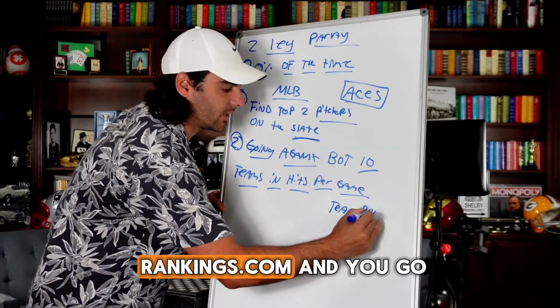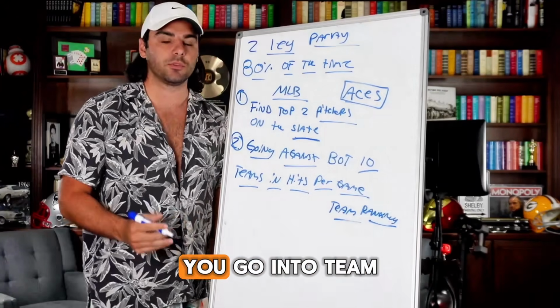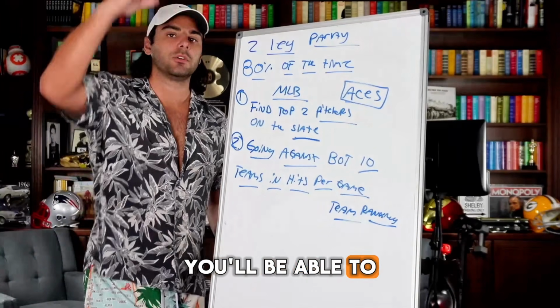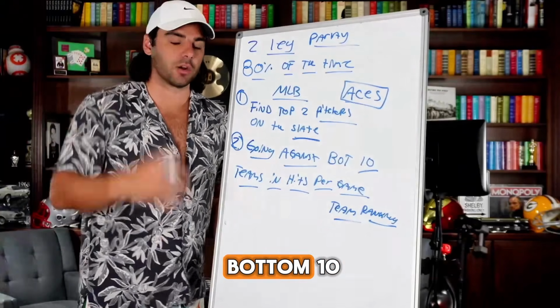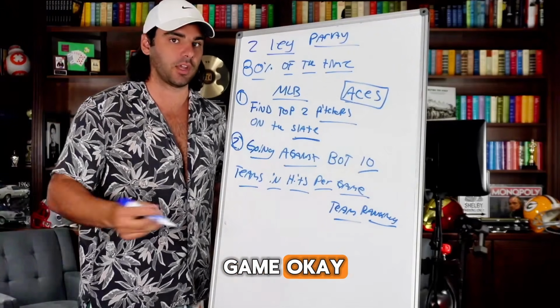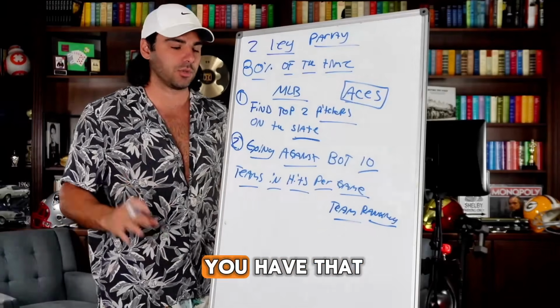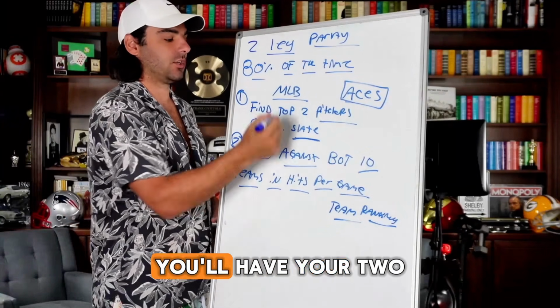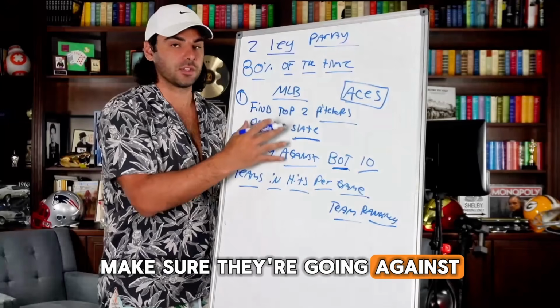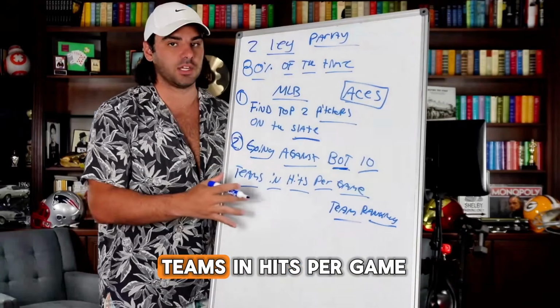You go to teamrankings.com, go under MLB, under team batting, and then hits per game. You'll be able to filter through and see the bottom 10 teams in hits per game. So once you have that list, you'll have your 2 pitchers written down and the bottom 10 teams. Make sure they're going against the bottom 10 teams in hits per game.